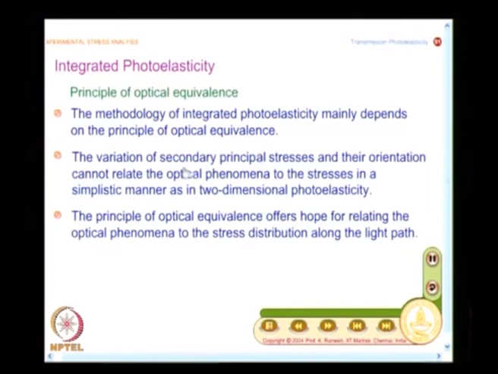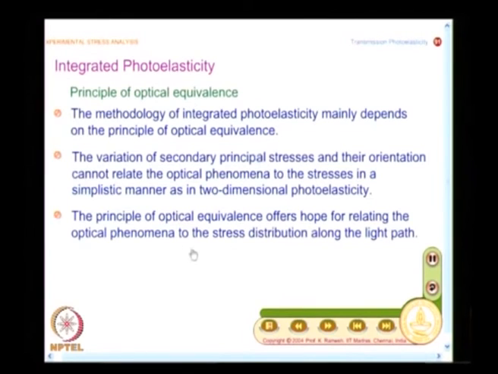And we have already seen that there is a variation of secondary principal stresses and also their orientation, and that is the reason why you are not able to interpret by using simple concepts of two dimensional photoelasticity unless you slice them. Suppose I want to see the model as a whole, the principle of optical equivalence offers a hope.